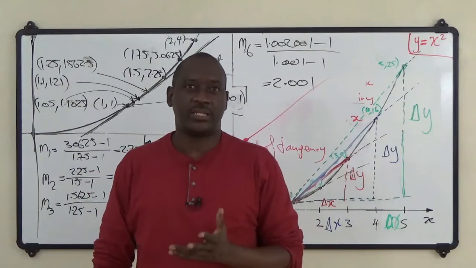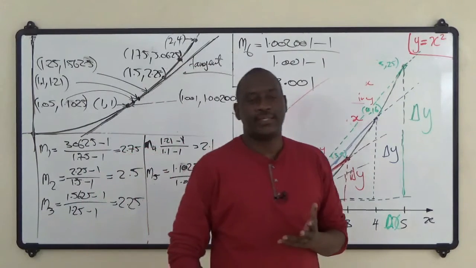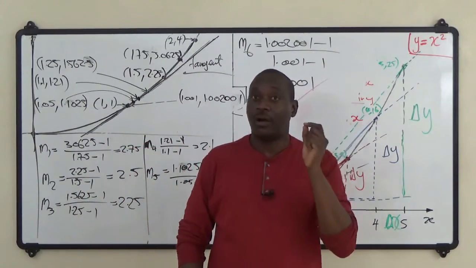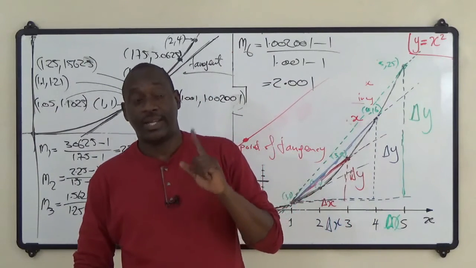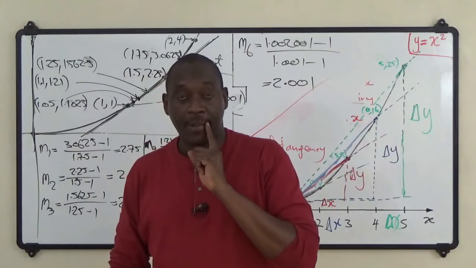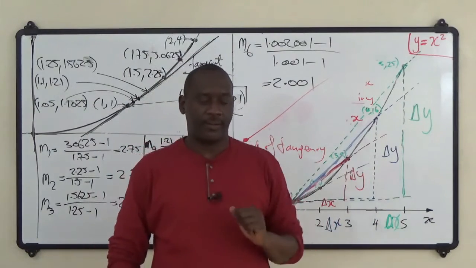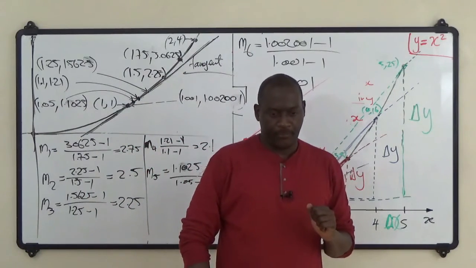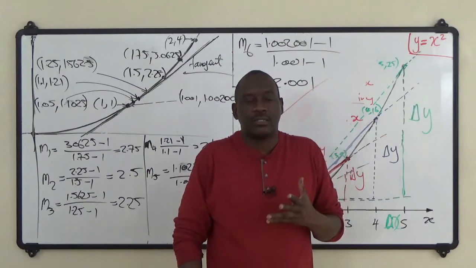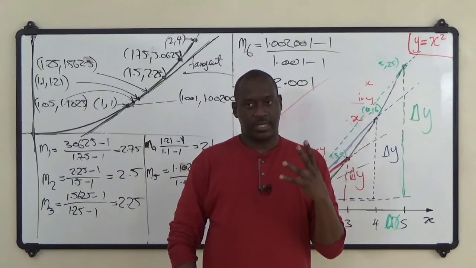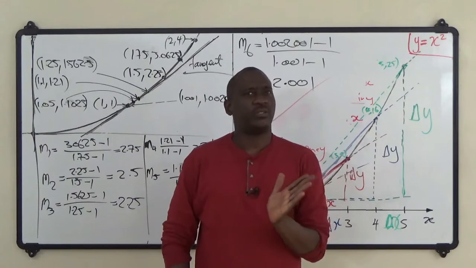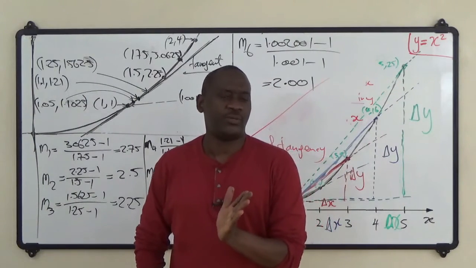So in plain English, we can say, based on our observation, right? Observation is the first law of the jungle, and that is what I tell my students all the time. Based on observation, it appears that the gradient is trending towards 2. Now we use some modern language.